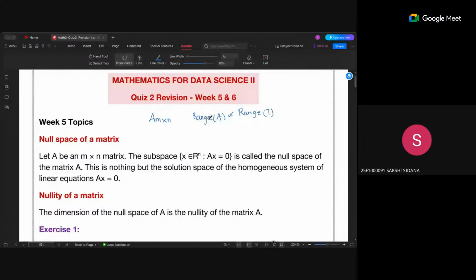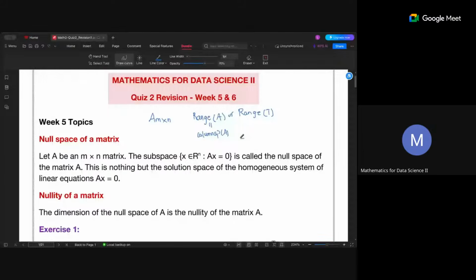Columns. For range, you should look at the columns. So range is your column space. Though the dimensions of row space and column space are same, range is exactly the column space of A.